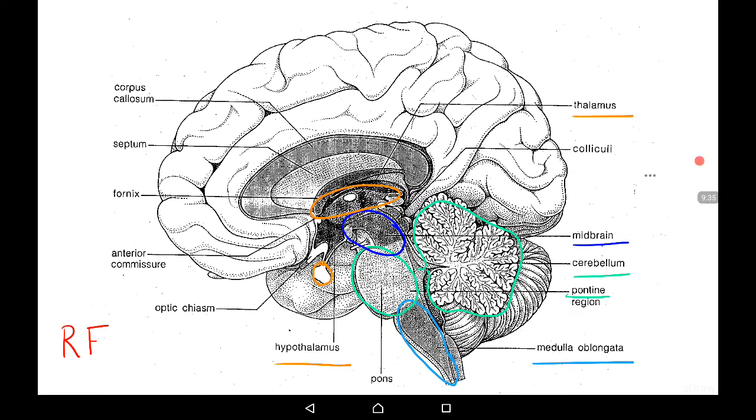The hypothalamus regulates, or better to say, coordinates the most important motivations like thirst, hunger. It controls the body temperature. The center of thermoregulation is located in the hypothalamus. Libido, and responsible for circadian rhythm, for sleep and awake cycle.